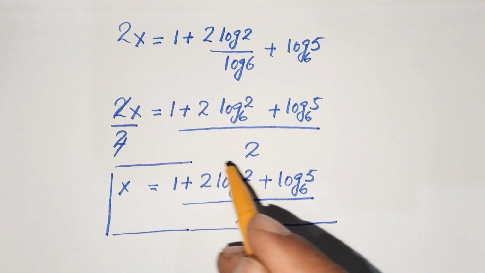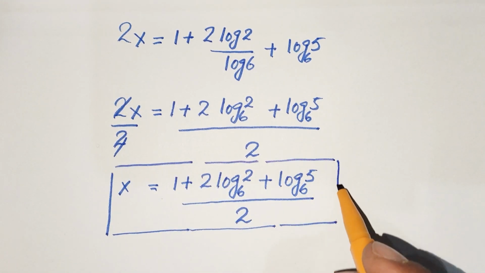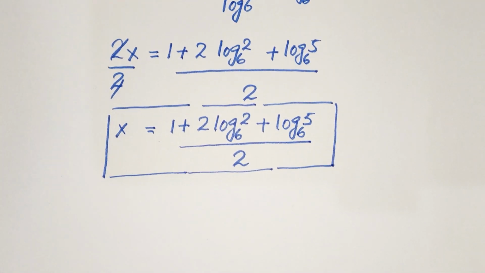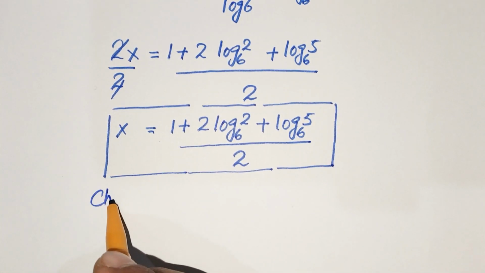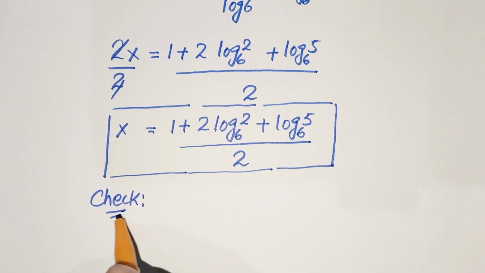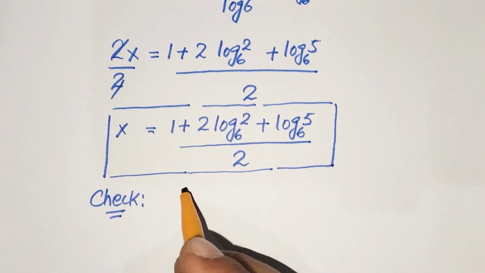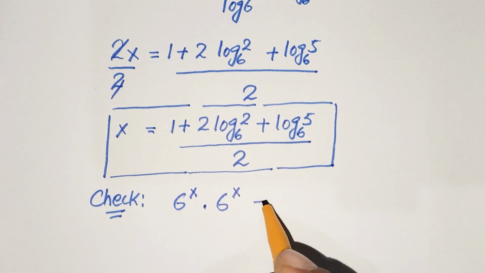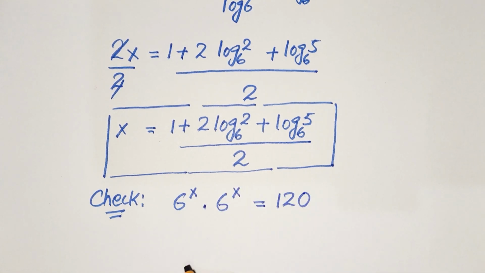Now we are going to verify our result by putting this value of x in our problem. Let's verify that our problem is 6 power x times 6 power x is equal to 120. So now we can write 6 raised to the power 2x is equal to 120.